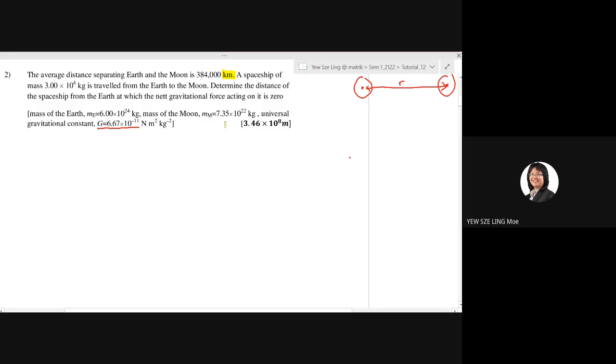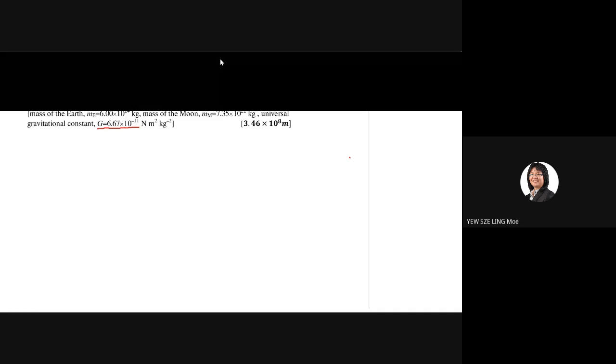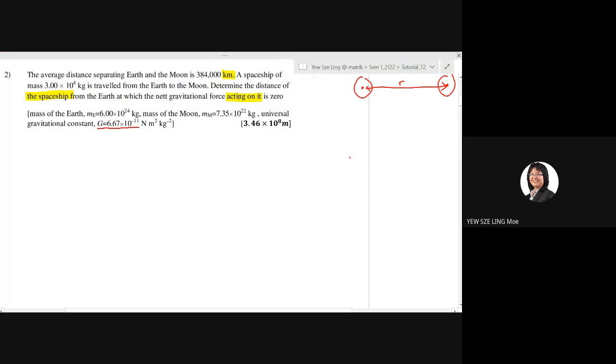But we have to know which one is our main object. So how to know? Look at the question: determine the distance of the spaceship from the Earth at which the net gravitational force acting on it is zero. Acting on which object? Acting on the spaceship. Therefore, our main object is the spaceship.